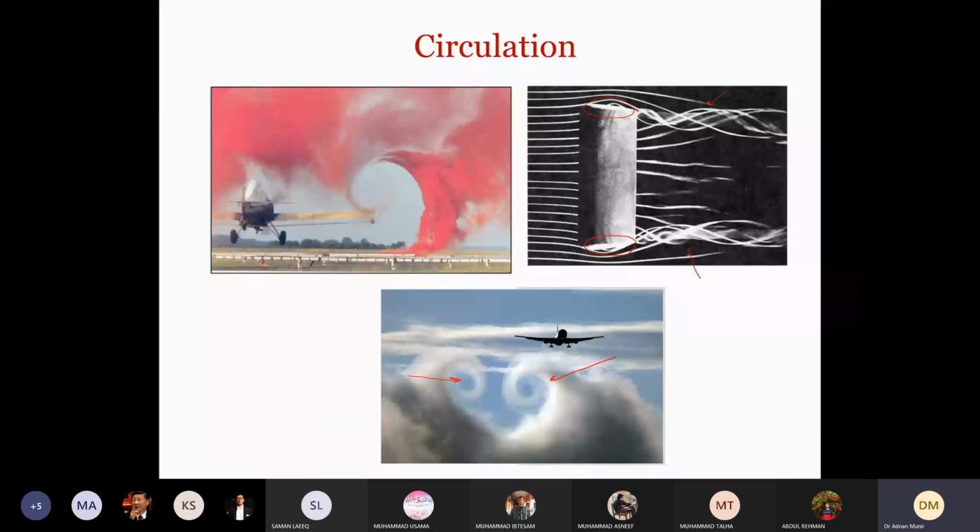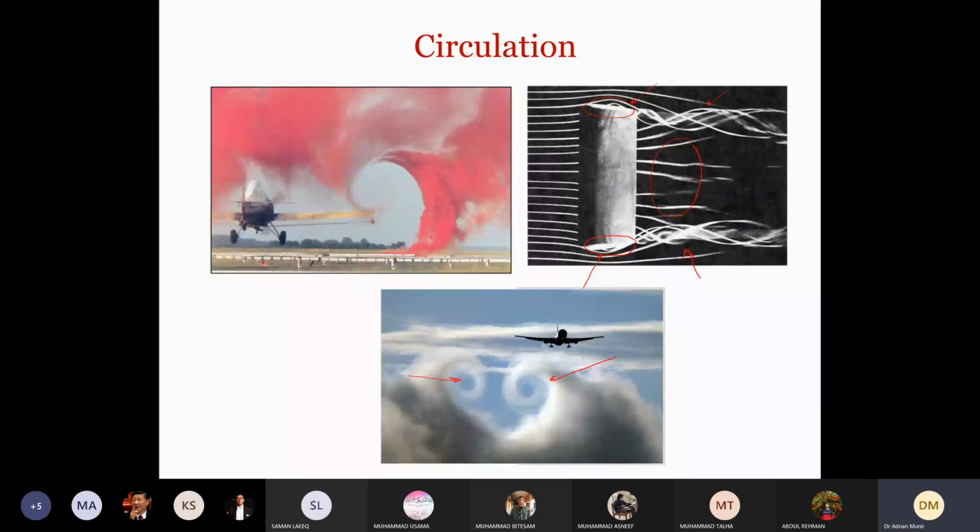So you can see that the vortex strength at the two ends is greater as compared to the vortex strength here. Why? Because we will have additional tip vortices over here, as we discussed, which will be because of the net flow from high pressure to low pressure in that case, right?